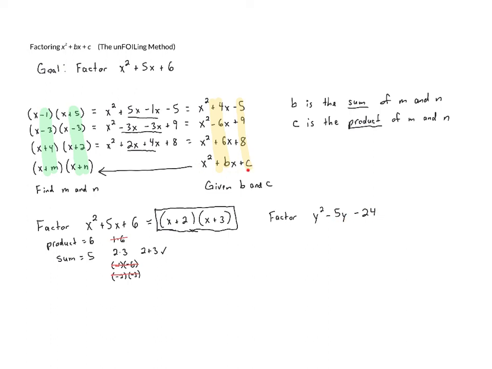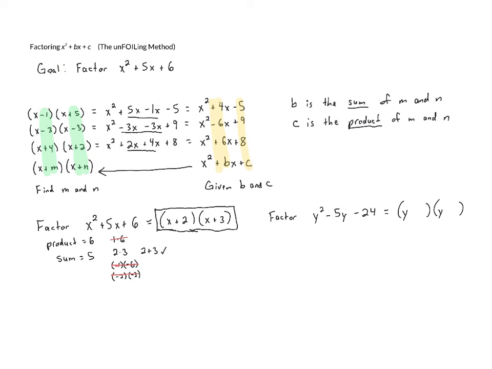Because we've got a trinomial that's in this form, we know that the factorization should be a product of two binomials that both start with y, and we need to figure out what the numbers are that go in these binomials for the constant term.